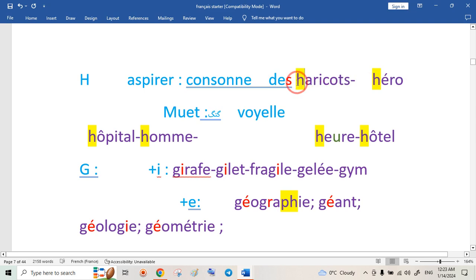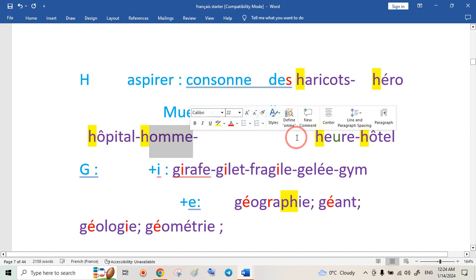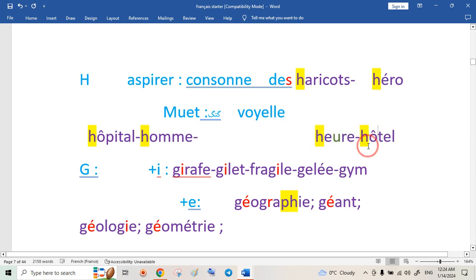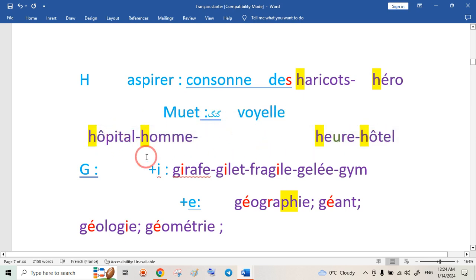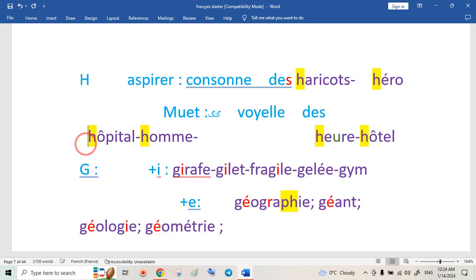Why? Because the H is aspiré. H aspiré doesn't allow us to do the liaison, but H muet allows us to do the liaison. So the H in hôpital, the H in homme, the H in heure, the H in hôtel, these H are all muet, so we can say des hôpitaux, for example.